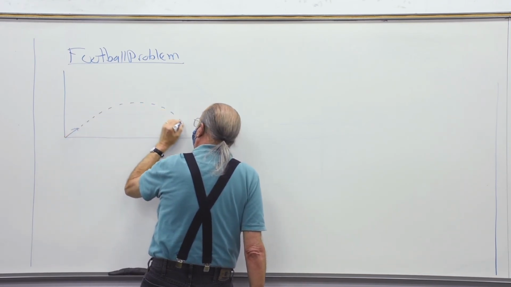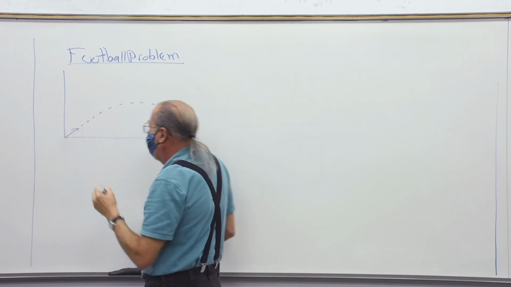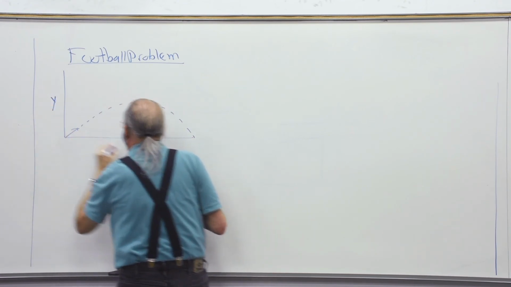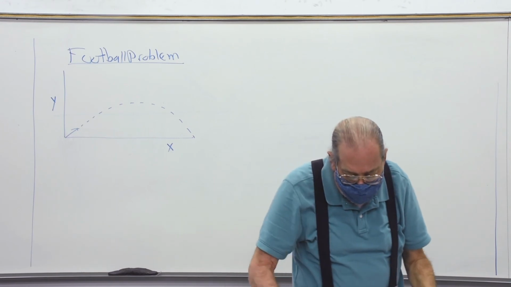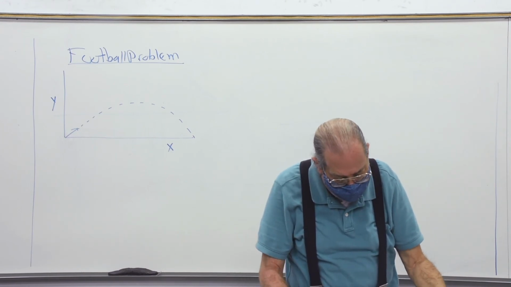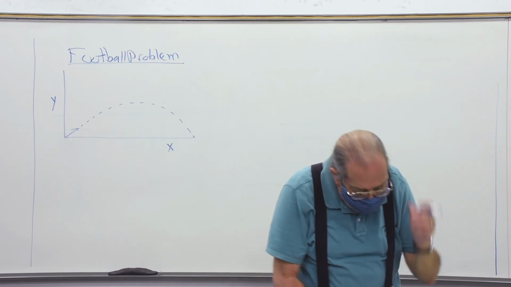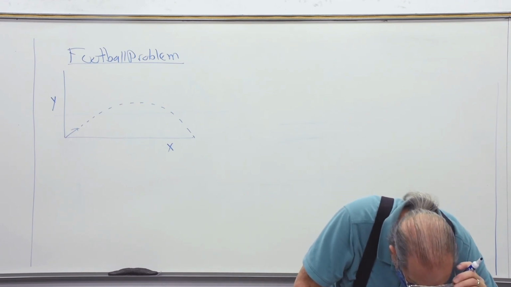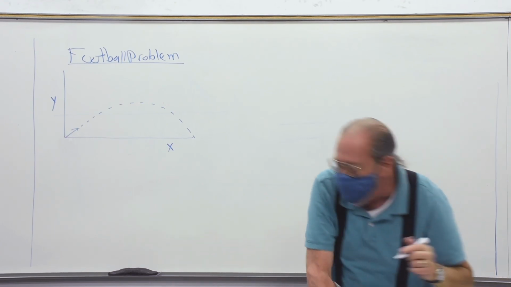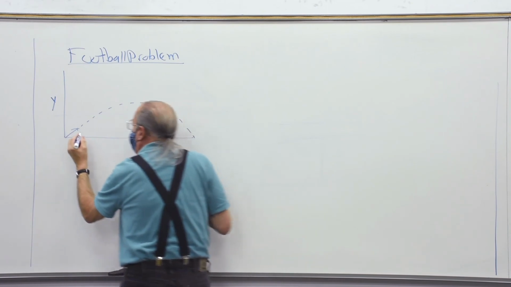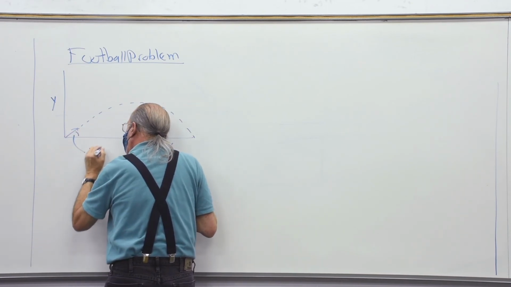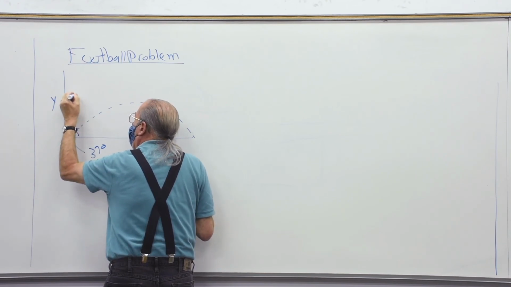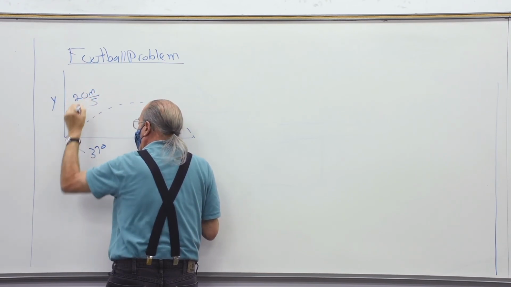We know what a football does. It comes back down. This is y, this is x. The initial velocity was 20 meters a second, 37 degrees up. So this was 37 degrees, and this was going 20 meters per second.